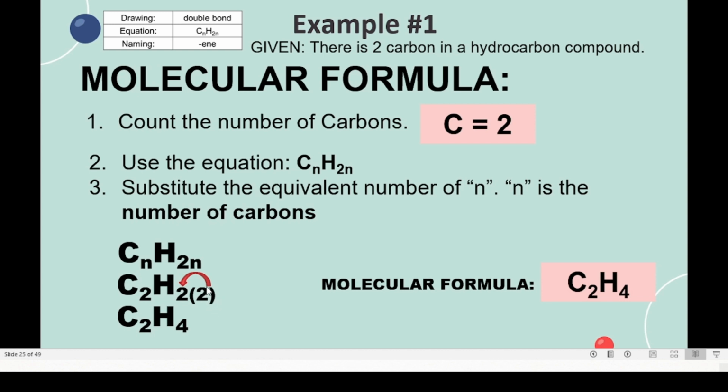The 2 in parentheses will be multiplied to the number 2 after H. So it will become C2H4. And this is the molecular formula of ethene, C2H4. That's how we're going to get the alkene molecular formula.